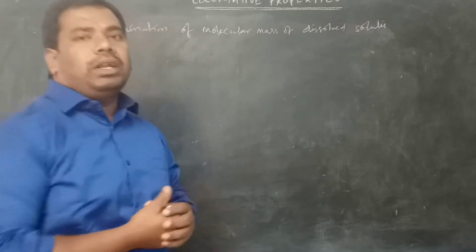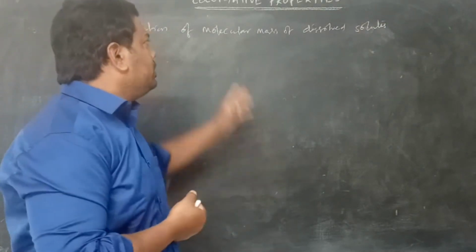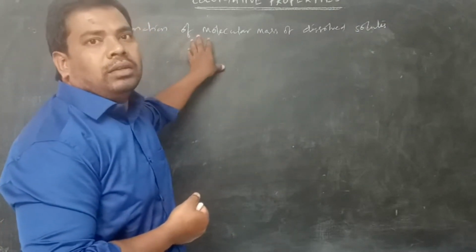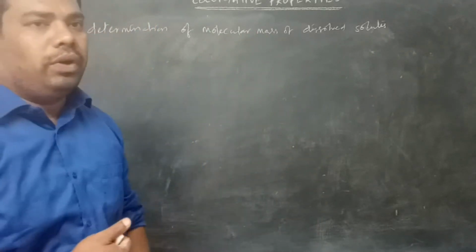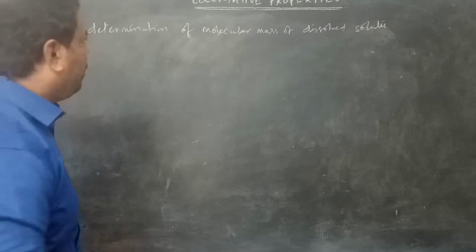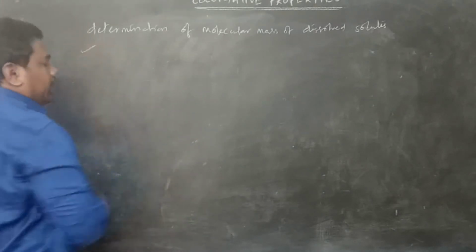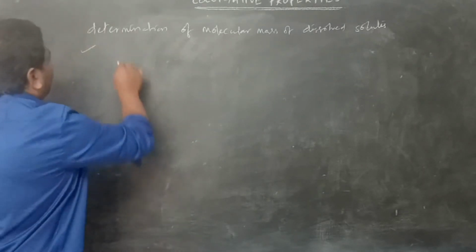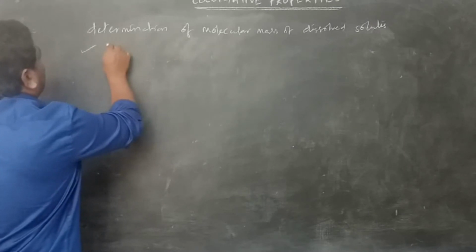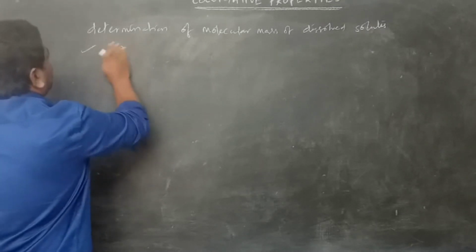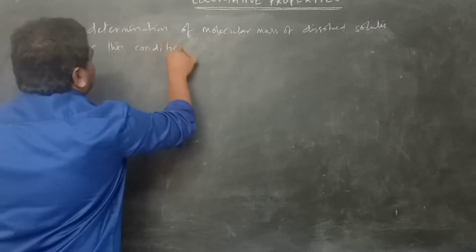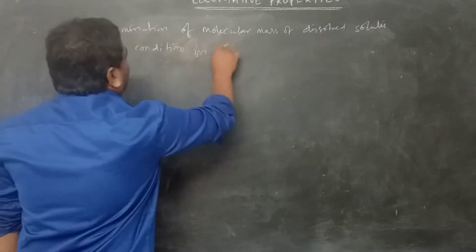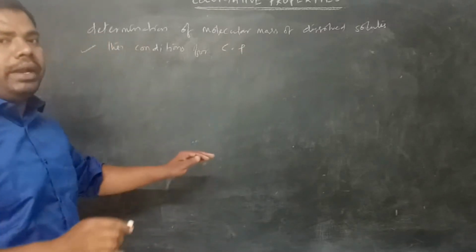So the importance of colligative property, student, is to determine the molecular mass of dissolved solutes. Okay, that is the importance of colligative property. Next, the next point is the conditions for colligative property. So I am simply writing CP.